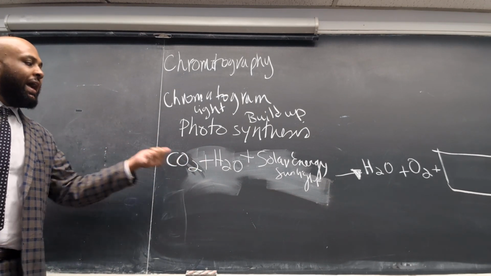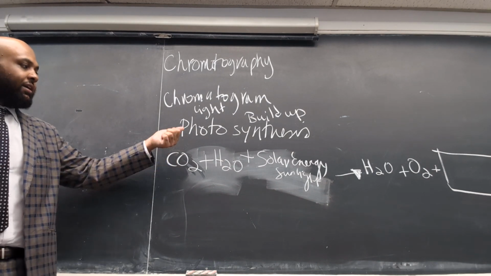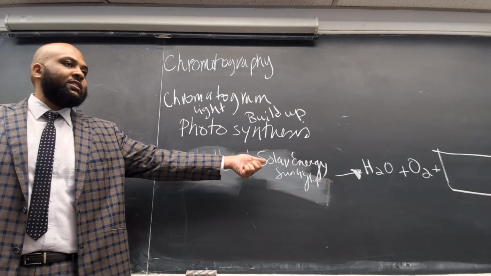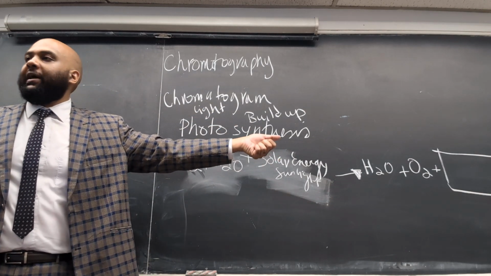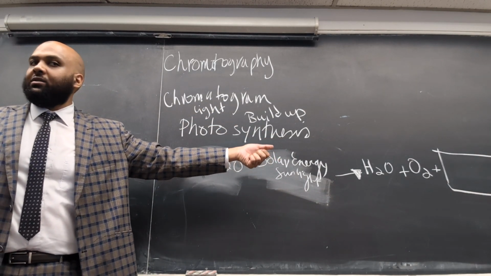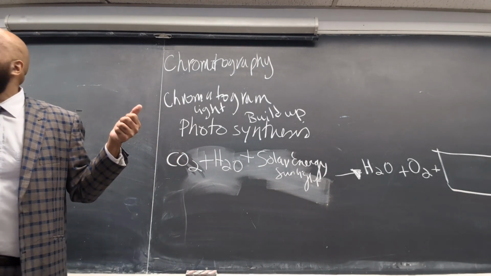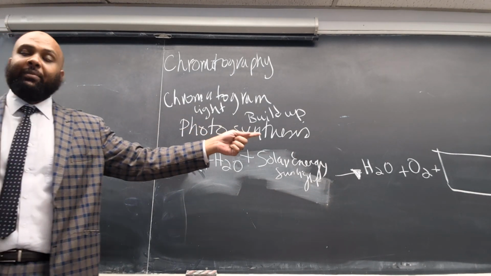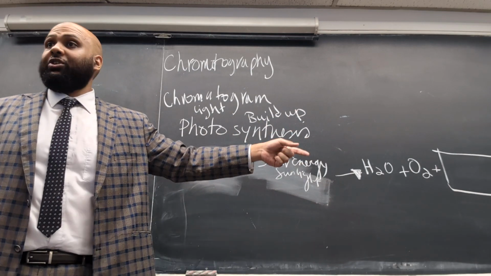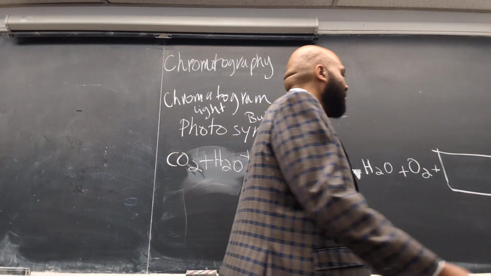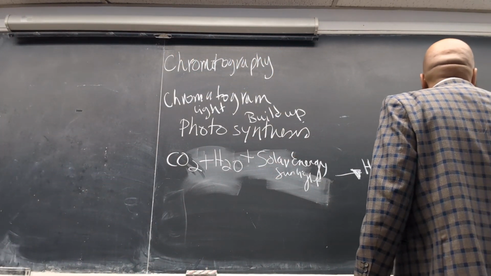So why is the plant going through all of this, with carbon dioxide and water and solar energy? To get the food for the plant. So what's the food? Sugar. So what's the sugar? Glucose, excellent.